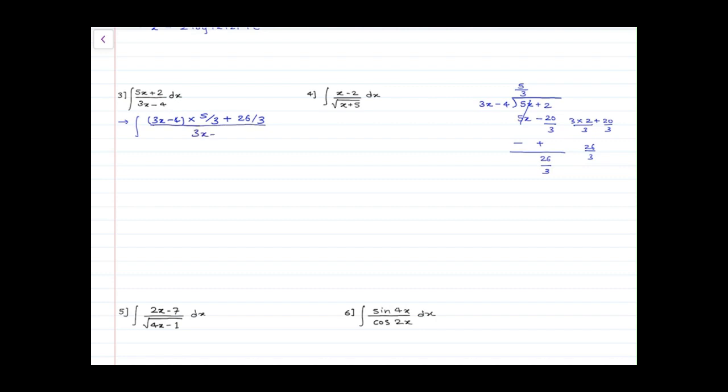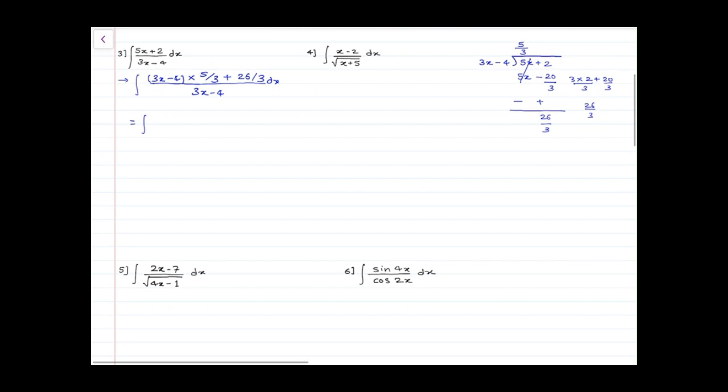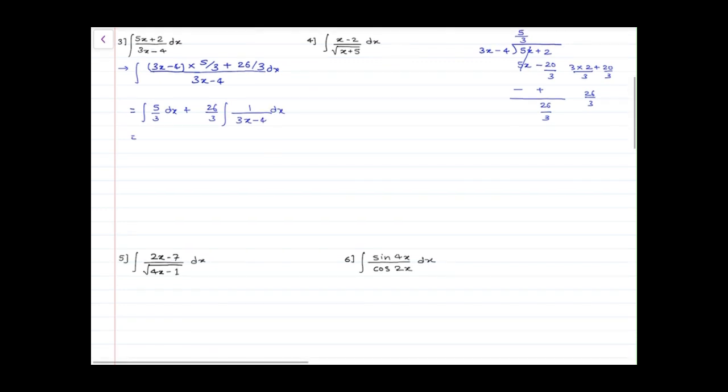We will put the same stuff and we will get the same value. So it's the constant term that we remain with after dividing 3x minus 4 by 3x minus 4. And for the second term, we remain with 26 by 3 integration of 1 upon 3x minus 4.